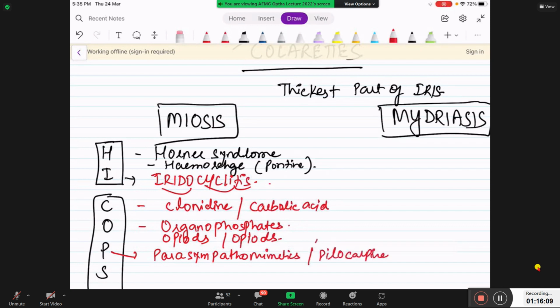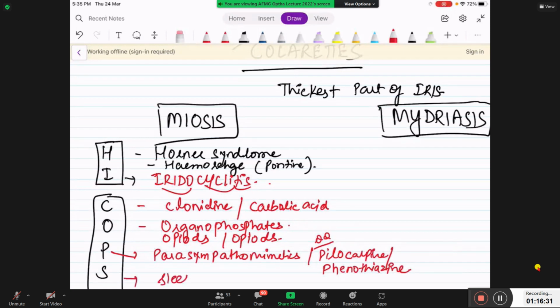This is important from the ophthalmology point of view. Pilocarpine will cause meiosis. It will constrict the pupil, right? Third P, pilocarpine, and phenothiazine. Phenothiazine will also cause meiosis.